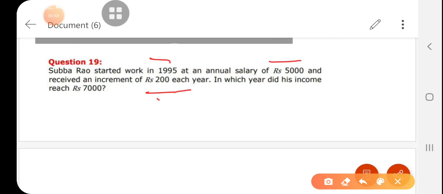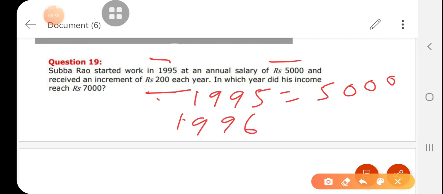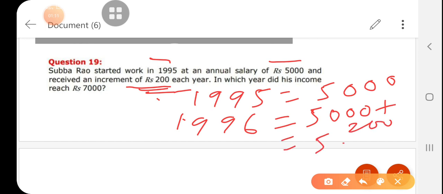Suppose I will give you an example. Suppose in 1995 he got 5,000 rupees. So in 1996, after 1 year, he got one increment, that is rupees 200 addition. So 5,000 plus 200, that means his income will be 5,200.